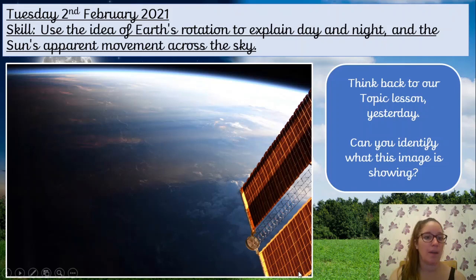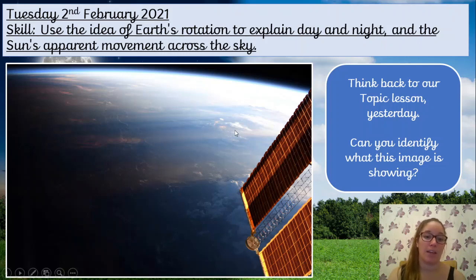Okay, you may have picked up on some clouds, you may have identified some snow, but I wonder if you picked up on the fact that this is Earth, taken from the International Space Station, and here you can see it's a lot brighter than over here. Why do you think that might be?